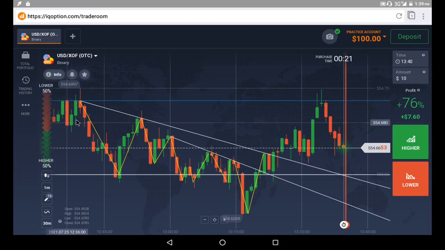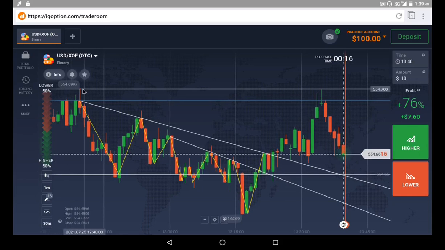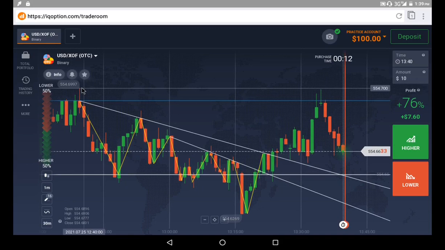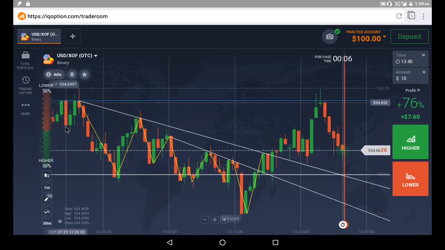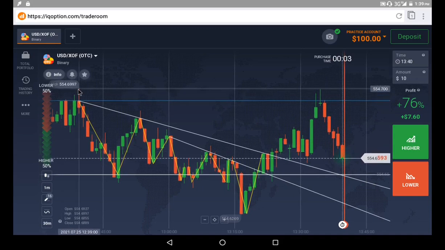Once the market hit this level, this is a strong round number. It has 554.770. The sellers entered and pushed the market to this level where the sellers entered from. After buyers entered, we saw a very strong selling pressure, a reversal.